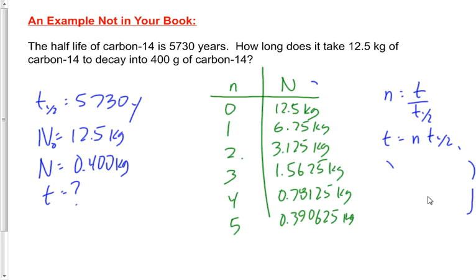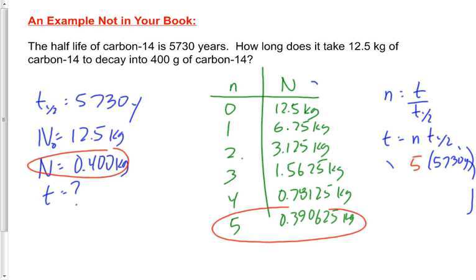I want to get down to 0.4. I'm real close to that. I'm real close to 0.4 kilograms here. So we're going to say here that little n is 5. It's not quite 5, right? It was more like 4.9 half-lives. But we're close enough here to say that little n is equal to 5 half-lives. And we multiply that by 5,730 years.